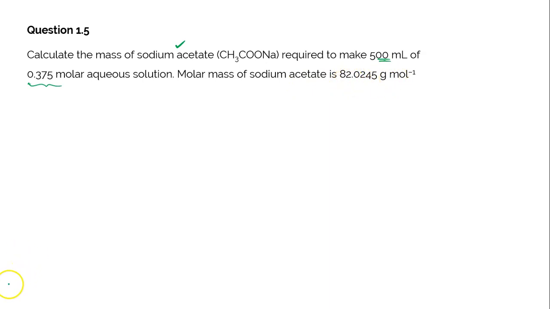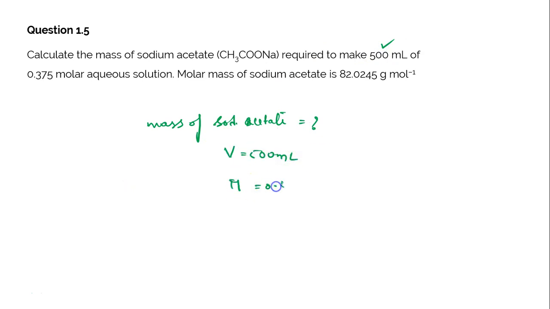Since there is a lot that's been given in this, let's write the data. Whenever you're solving numericals, if the numerical is a bit complicated, first write the data to avoid confusion. So you've got to calculate the mass of sodium acetate, to make a volume of 500 ml and a molarity of 0.375 aqueous solution.